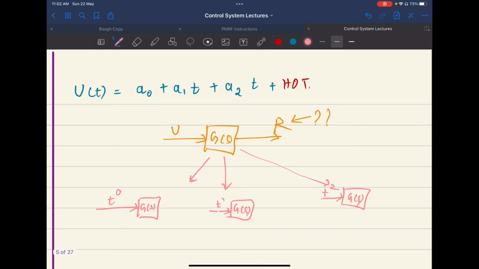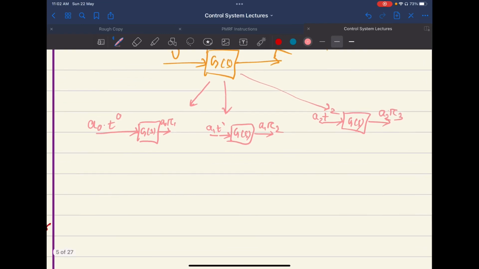And if we get some outputs R1, R2, and R3, then if I multiply by some constants A0, A1, A2, due to the linearity property, the output will be A0 R1, A1 R2, A2 R3.